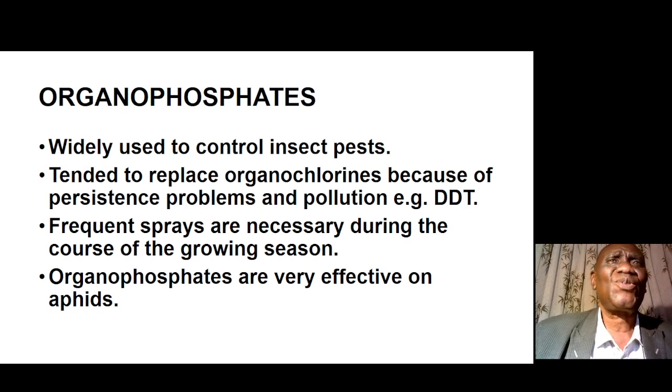So people are ready to switch to organophosphates. Frequent sprays are necessary during the course of growing season if you are using organophosphates, because they tend to disappear within the environment. Organophosphates are very effective on aphids.